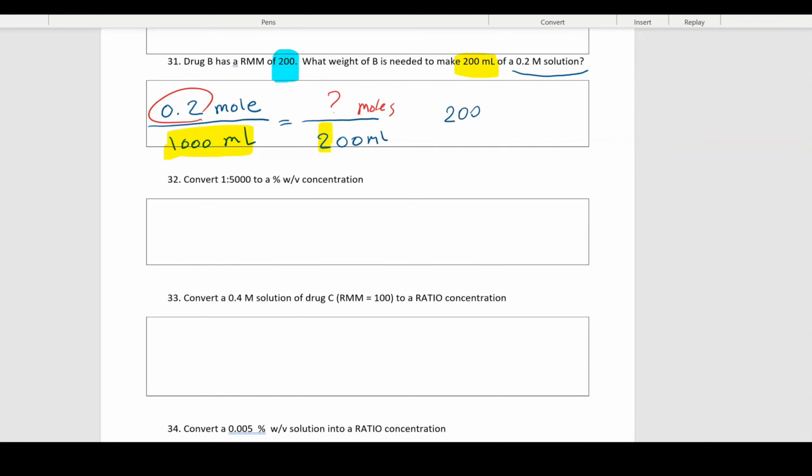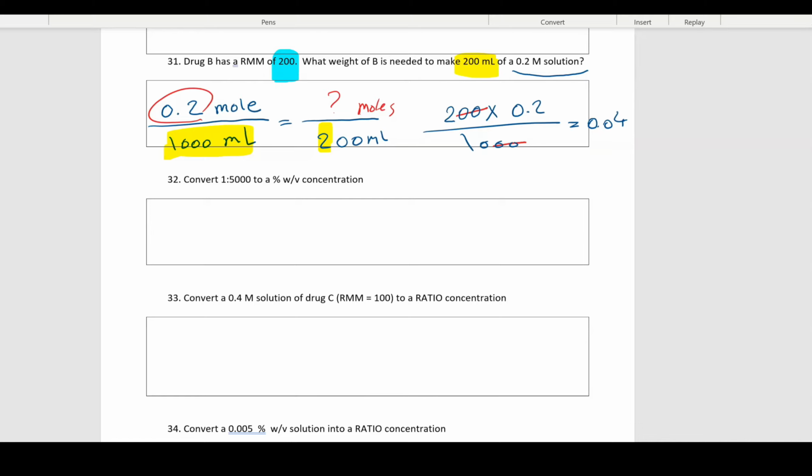So 200 times 0.2 divided by 1,000 to get the moles. These two zeros go with the 2, and it is equal to 0.04. The answer is 0.04.